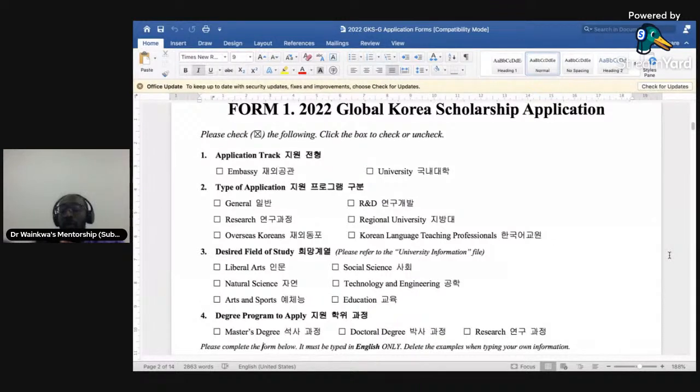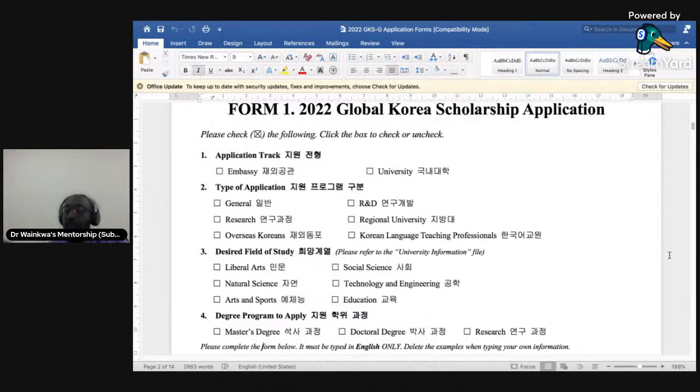The fact that you've got the best GPA or score doesn't necessarily guarantee that you are going to benefit from these scholarships. So please follow instructions to the letter as much as possible.